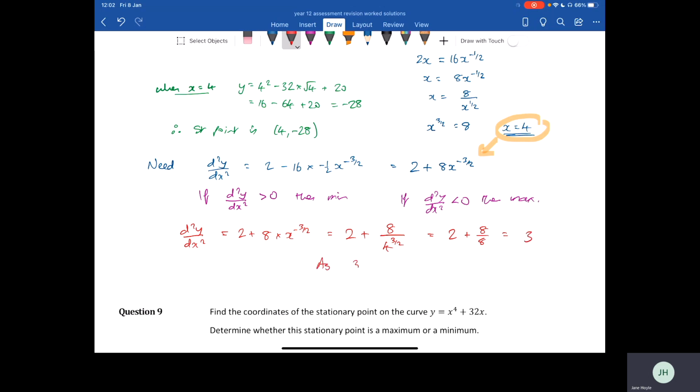And as 3 is greater than 0, I've got d2y by dx squared is greater than 0. So I have got this option here. Hence the point, where was it? 4, negative 28 is a minimum.